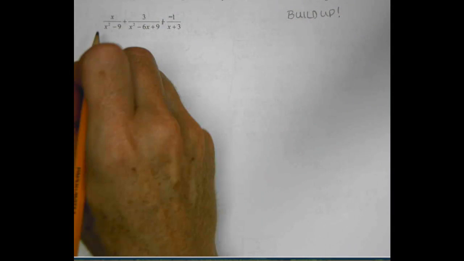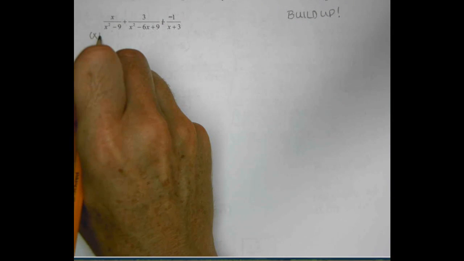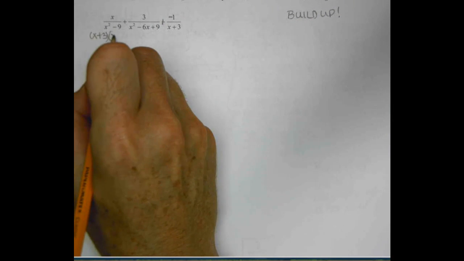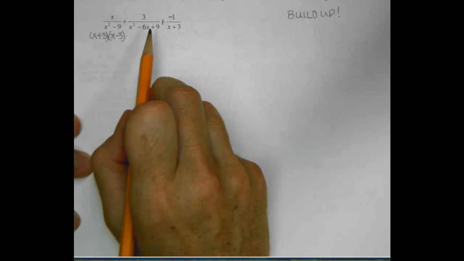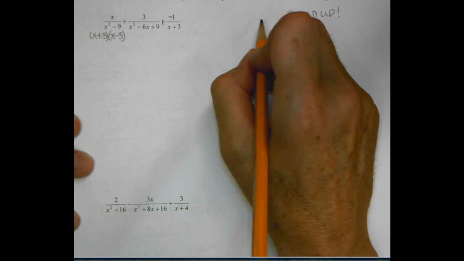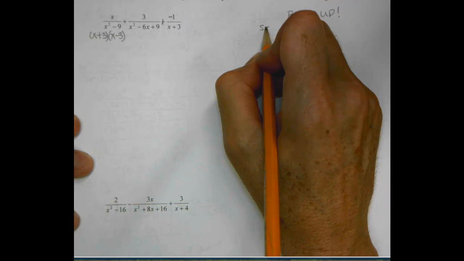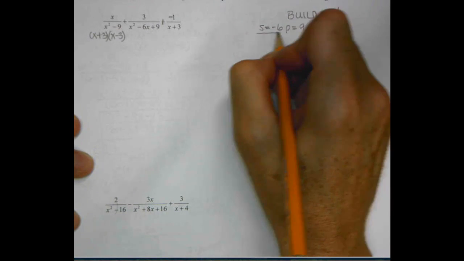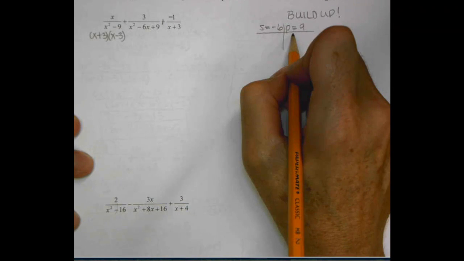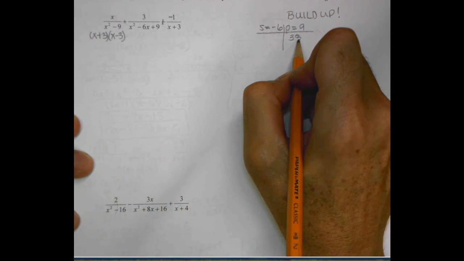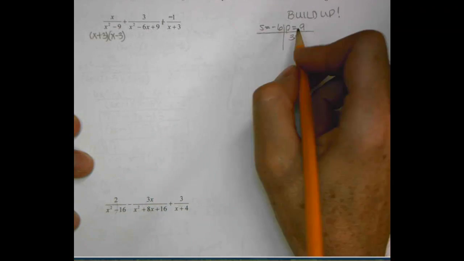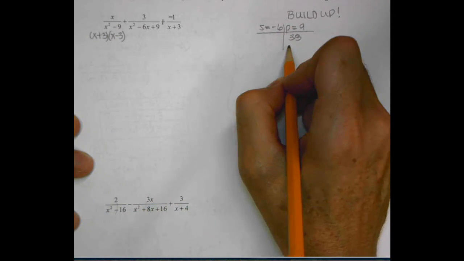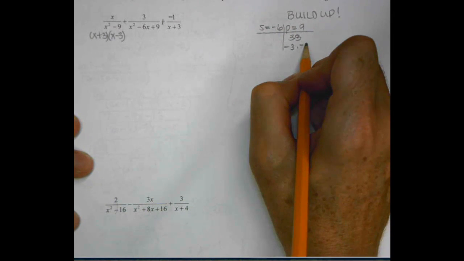This denominator is a nice difference of squares, x plus 3, x minus 3, and this denominator, if I look at my sum of negative 6, product of a positive 9, 3 times 3 is 9, and also adds up to 6, but I need it to be a negative 6, so I'll try negative 3 times negative 3.